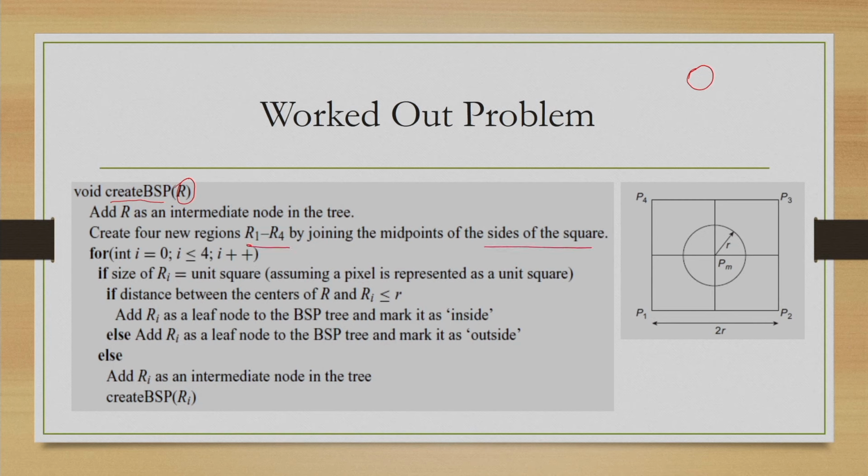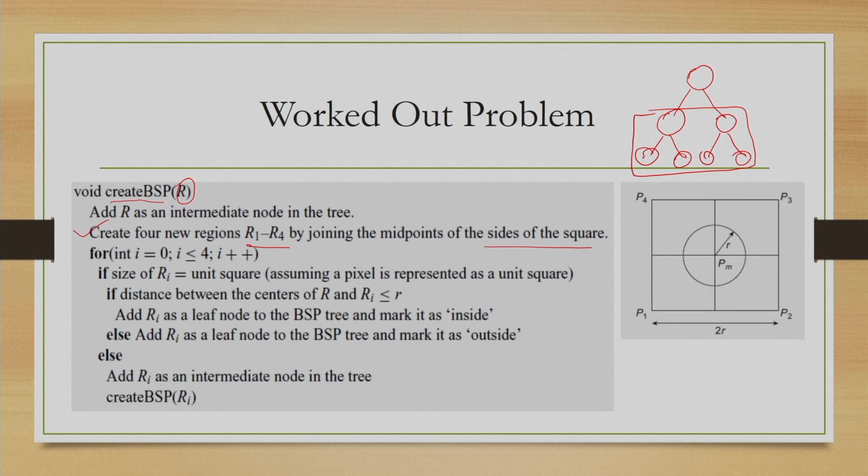This is the same as applying the binary space partitioning technique in multiple steps. Like in this case, we first create two, then for each of these two, we create two more, and we are actually combining these steps here in this line.